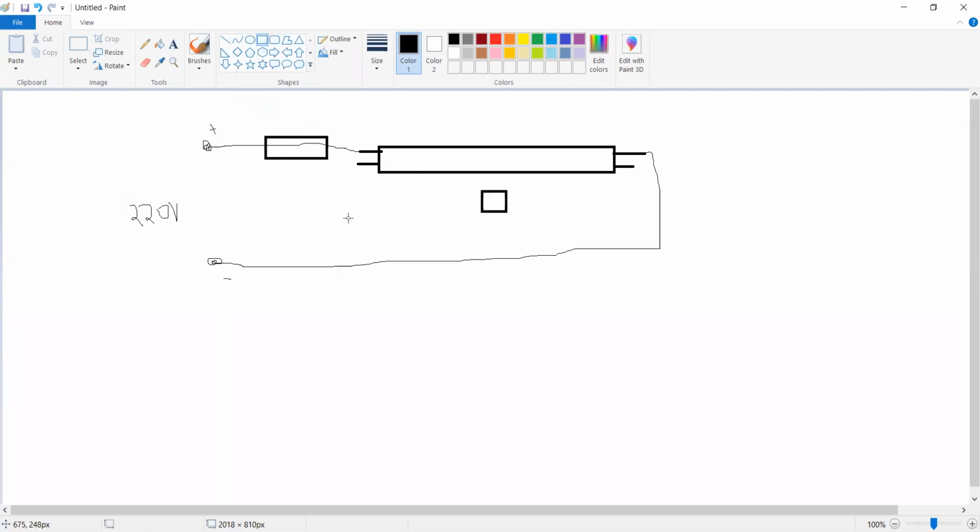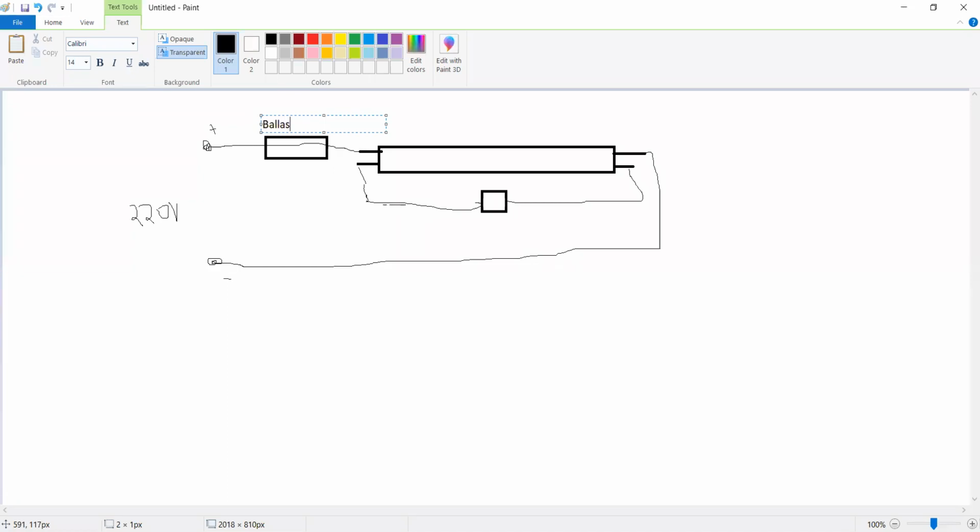This is a starter. Now, the ballast is connected in series with the fluorescent lamp, and the starter is connected in parallel with the fluorescent lamp. This is how a starter is connected. It is connected in parallel. The ballast is connected in series. Let me name them so that you do not get confused.